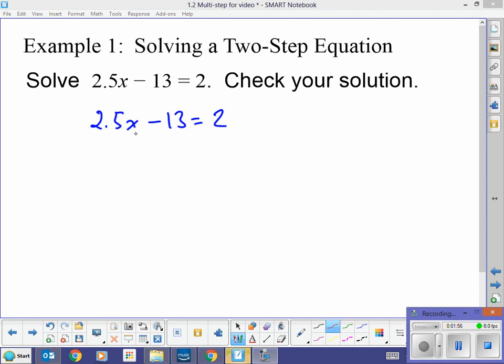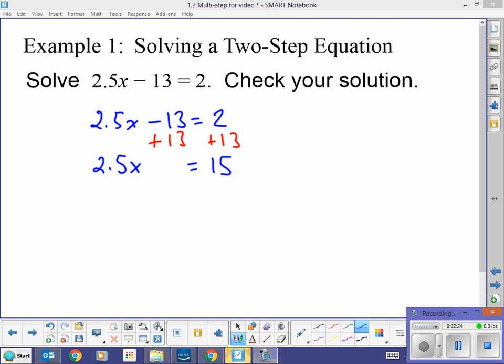So the first thing I want to do here, I've got the x, it's multiplied by 2.5, and the 13 is subtracted from that. I'm going to add 13 to both sides. And of course, if we were asked to justify our steps, this would be addition property of equality. I'm not going to do that through all these examples here. You know how to do that already. 13 and 2 is 15.